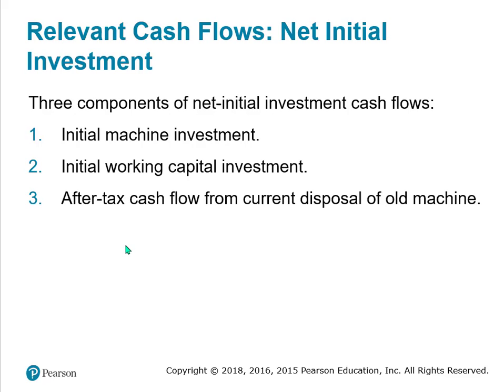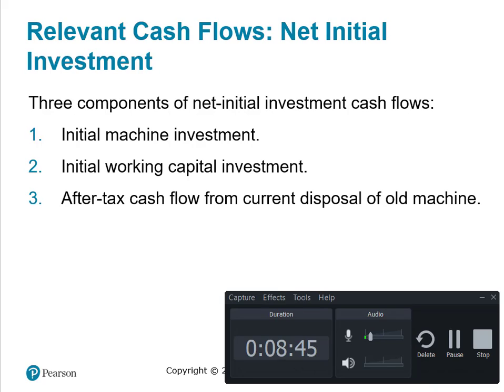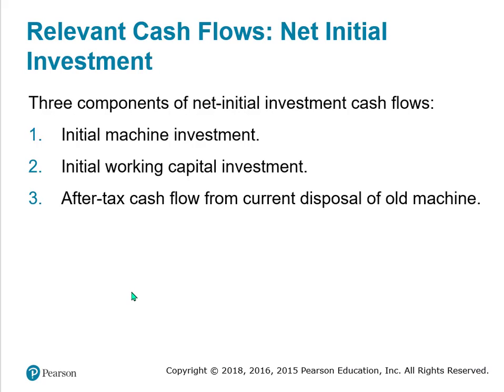Now remember, we said that the relevant cash flows are the initial net investment, the initial working capital investment, and then the after-tax cash flow from current disposal of an old machine.